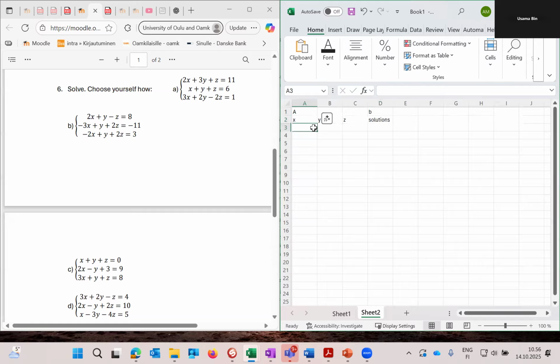So I would have 2, 3. Okay, 1. The solution is 11. I can already write it like this. 1, 1, 1, and solution is 6.